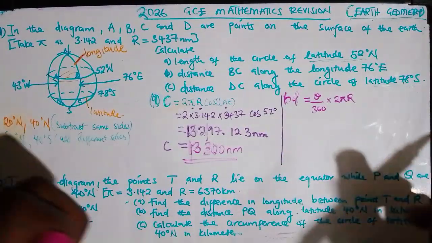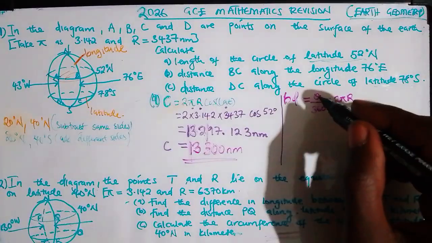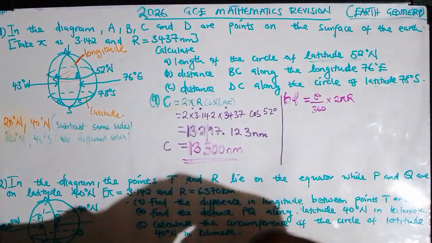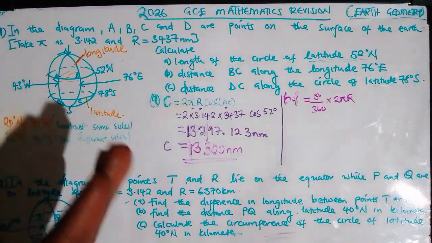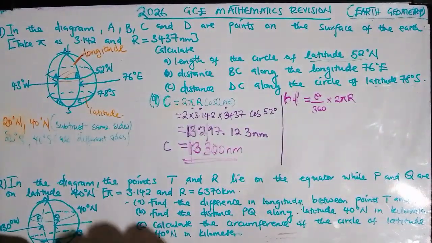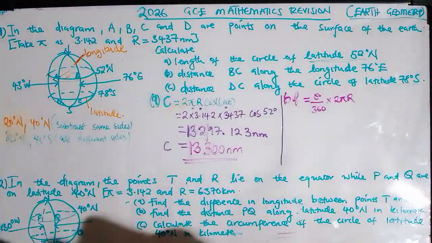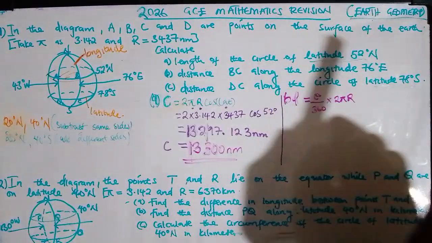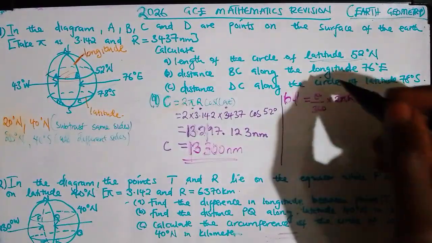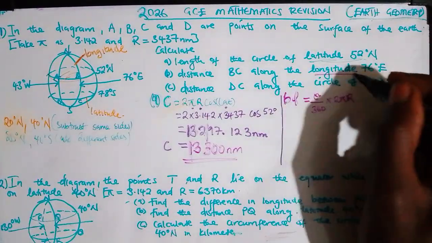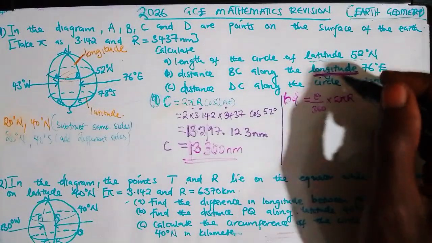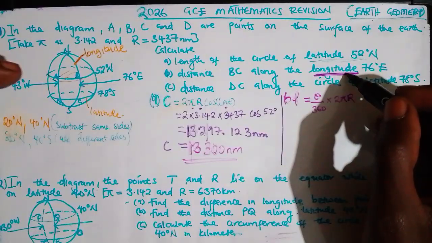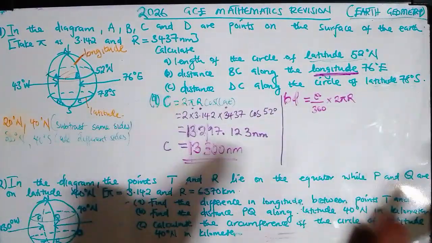So what is this? This is what I taught you at the beginning. This is what is known as the difference in either longitude or latitude. So how do we calculate it? Remember, if you are finding the distance in longitude, here you go for the opposite. I repeat, you find the difference in latitude.